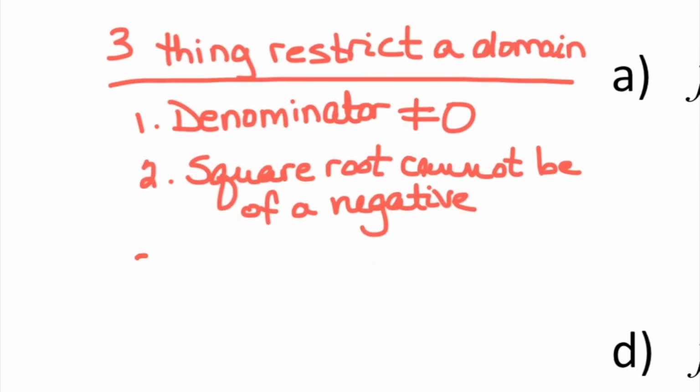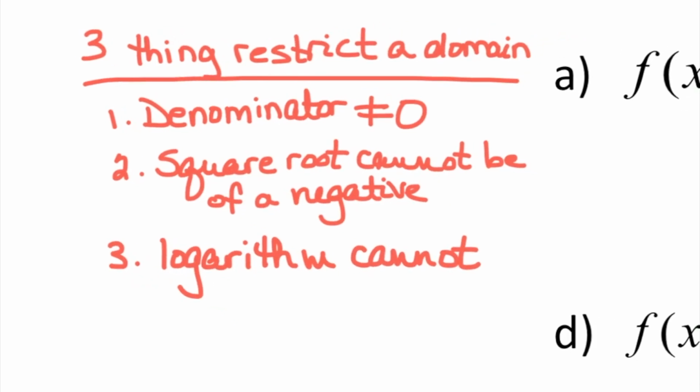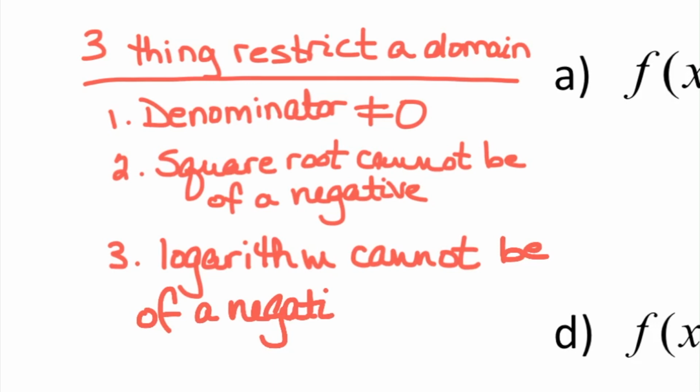And the third thing is that the logarithm cannot be, my English here is not all that fabulous, but you're getting the gist. Logarithm cannot be of a negative or zero. There's absolutely nothing else that exists that would restrict a domain.